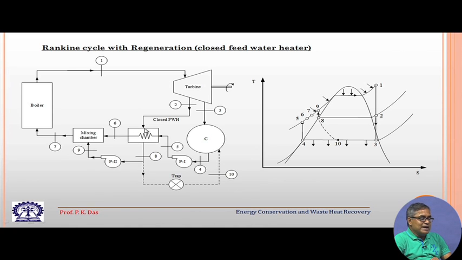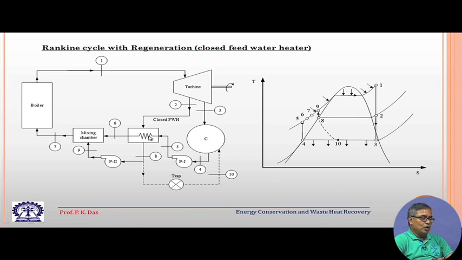So, indirectly through the metallic wall of the tube it will transfer heat to the condensate. By that process this stream will get heated up and come out of the closed feed water heater, and the steam which is entering here from the turbine will get condensed.